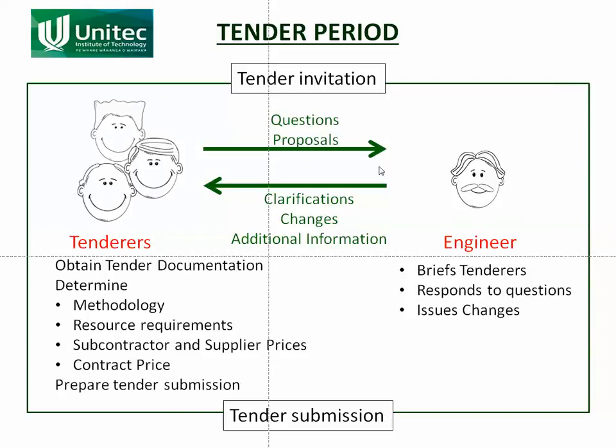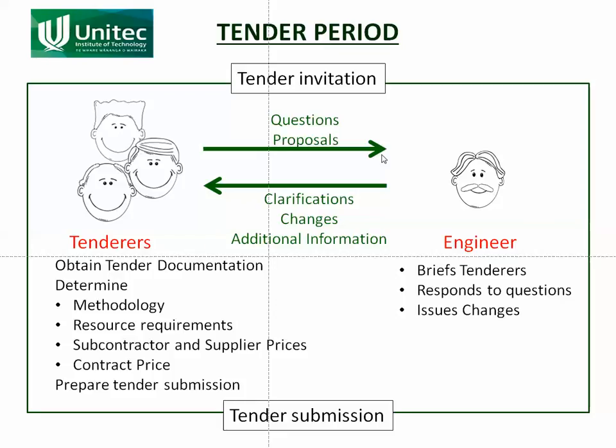So I mentioned that there's communication between the engineer and the tenderer. So here's what both parties do. Normally what happens is the client will just hand over the tendering process to the engineer. Remember, the engineer is also known as the consultant, same thing. So during that period, the engineer is responding to queries from these tenderers. So here's our tenderers here, they're a real happy lot. So they're asking questions, clarifications.